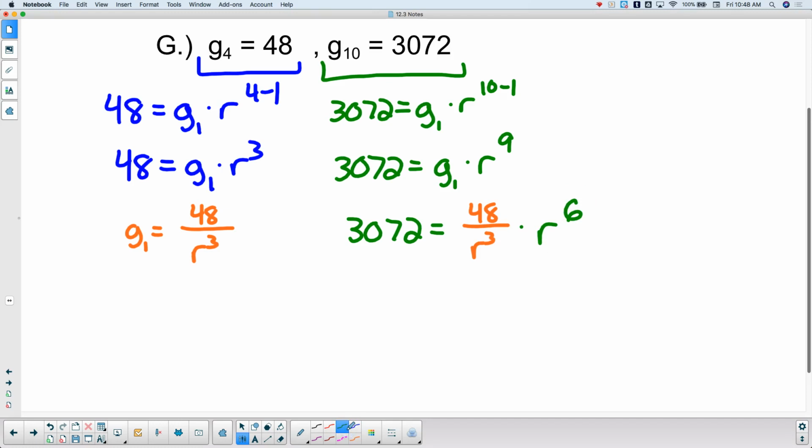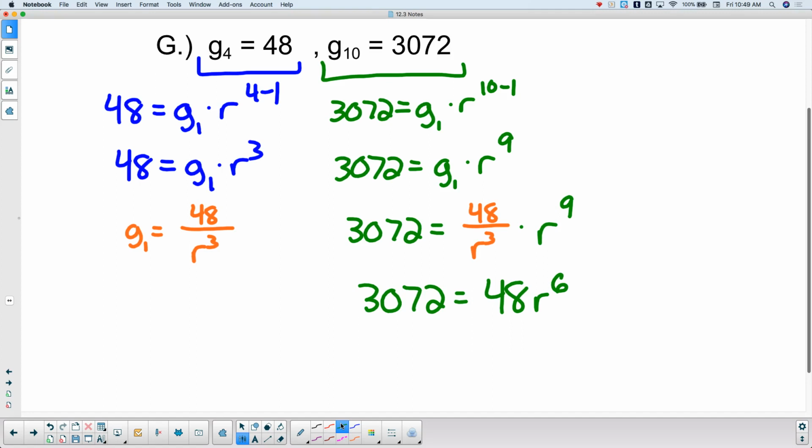Oops. Got ahead of myself there. So 3072 equals 48r to the 6th. Divide by 48.